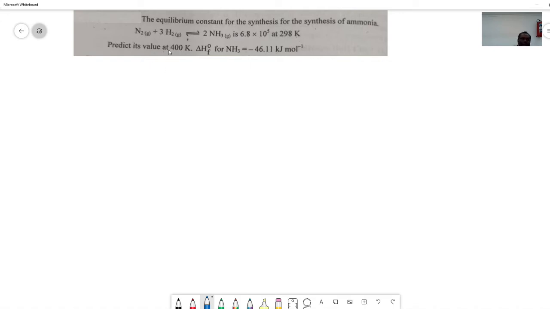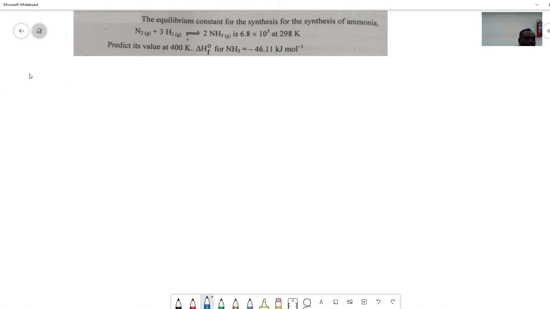Now predict its value at 400 Kelvin. The standard enthalpy of formation of ammonia is minus 46.11 kilojoule per mole. All the values are given in kilojoule per mole and Kelvin, the standard units.